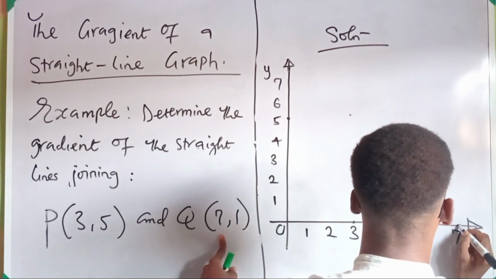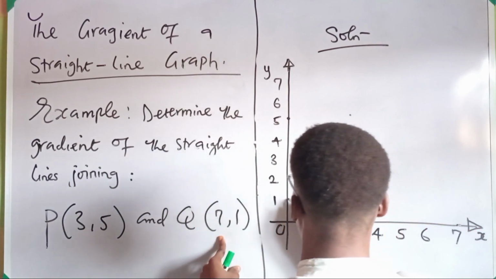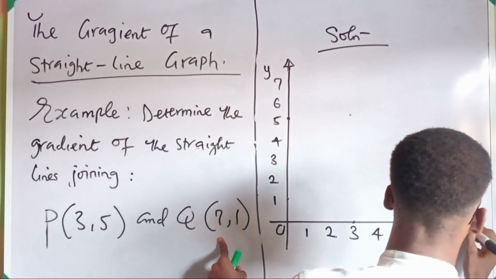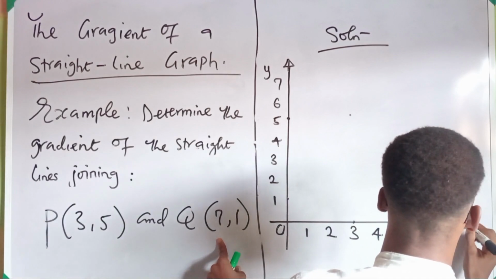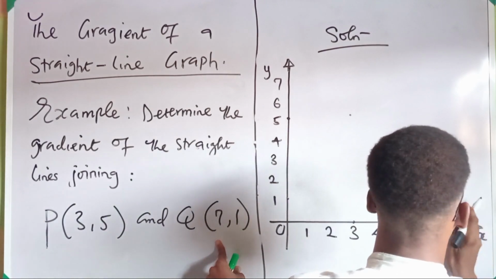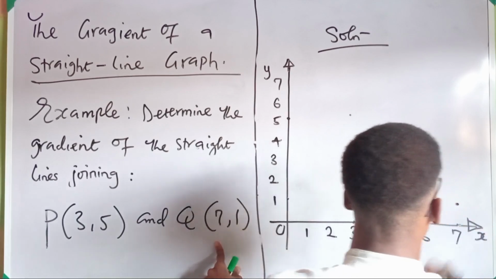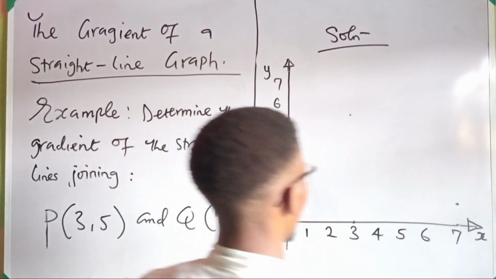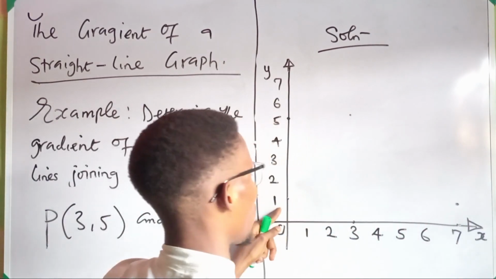When S is 7 being here, Y is 1 being here. So if we tick here like this, this is the point they meet. Can you see the point they meet? So when S is 7, Y is 1.